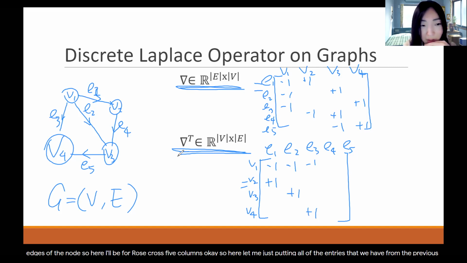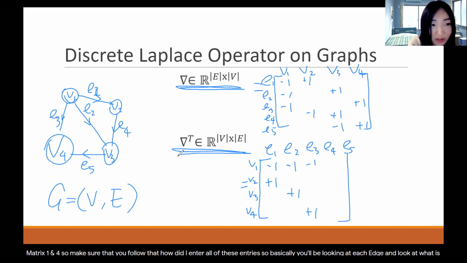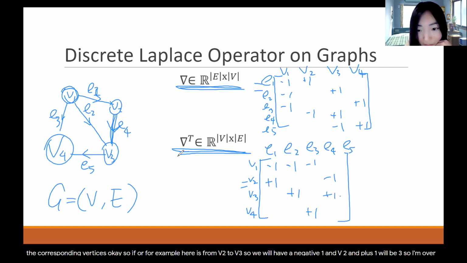Basically, you look at each edge and look at what the corresponding vertices are. E4, for example, is from V2 to V3. So we will have a -1 on V2 and +1 on V3. Similarly here, E5 is -1 on V3 and +1 on V4.